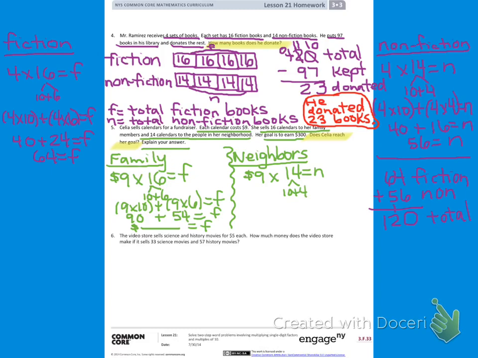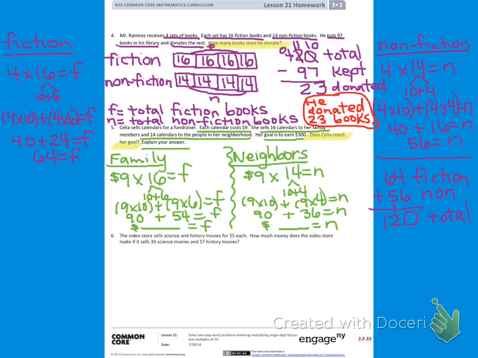We'll use the distributive property and make this 9 times 10 plus 9 times 4 equals N. Again, 9 times 10 is 90, plus 9 times 4 is 36. That equals N. You figure out what 90 plus 36 is and write it here. Don't forget the dollar sign.